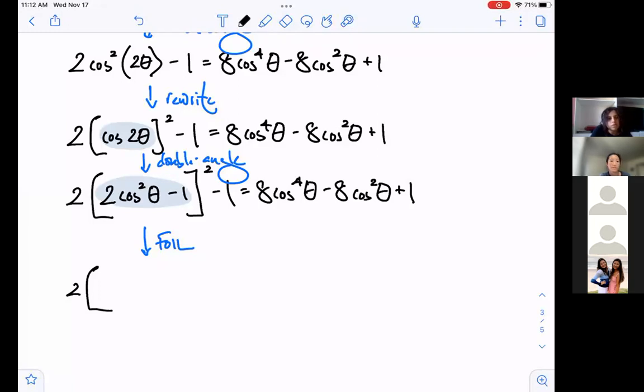Are we foiling just the cosine squared theta? Oh, I just noticed that I didn't write the other squared symbol.